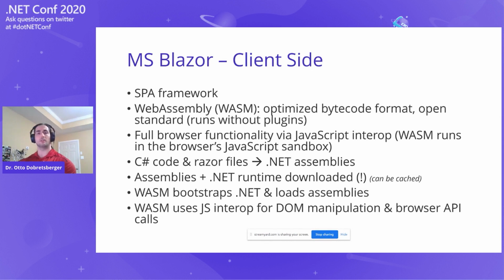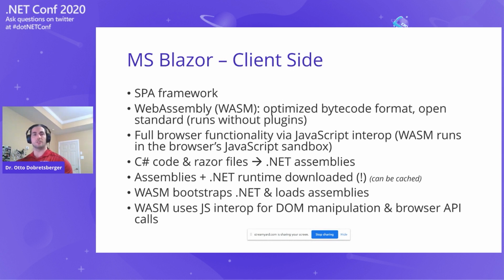When we talk about client-side Blazor, the cool thing is it's a single-page application framework, just like the other SPA frameworks for JavaScript that most of you who have done web development probably know. With WebAssembly, however, we have a slightly different approach to how the whole application runs. When it runs client-side, we have what we call WebAssembly.